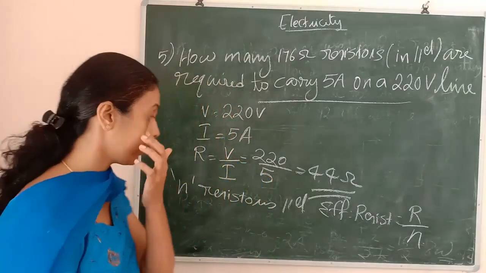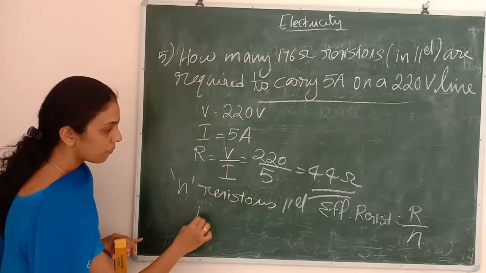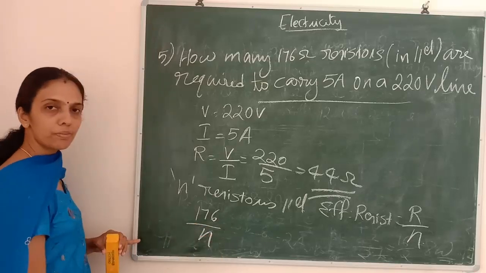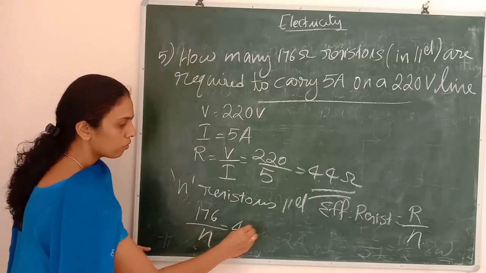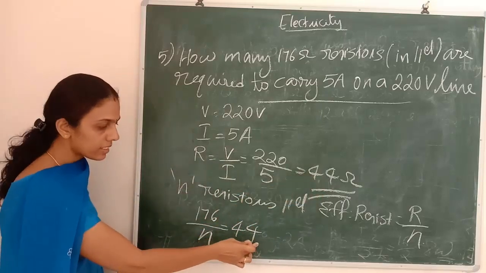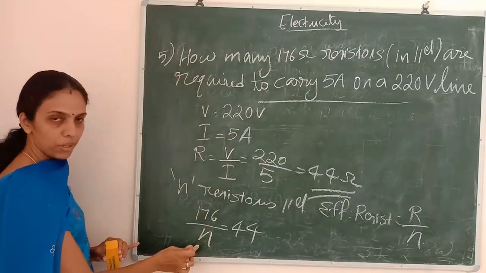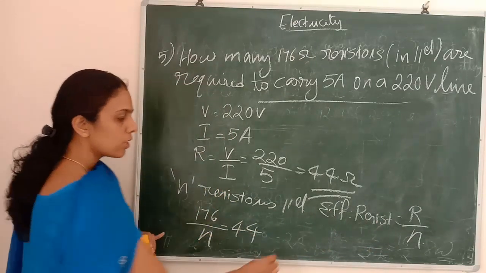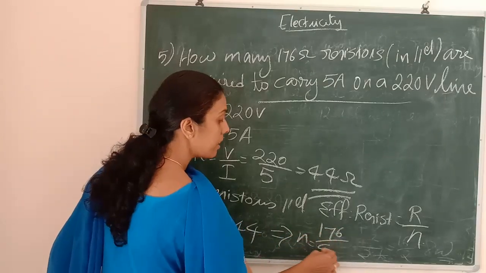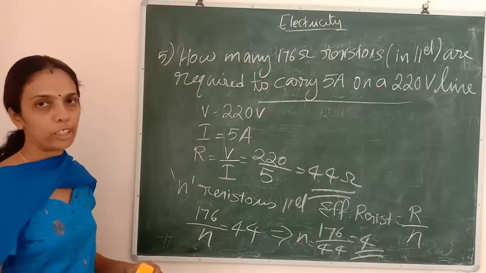So R by N. Here 176 is the R divided by N, and that will be equal to 44. Altogether we should get the effective resistance as 44. So 176 divided by N equals 44. So what will N be then? 176 divided by 44, that is 4 resistors will be required.